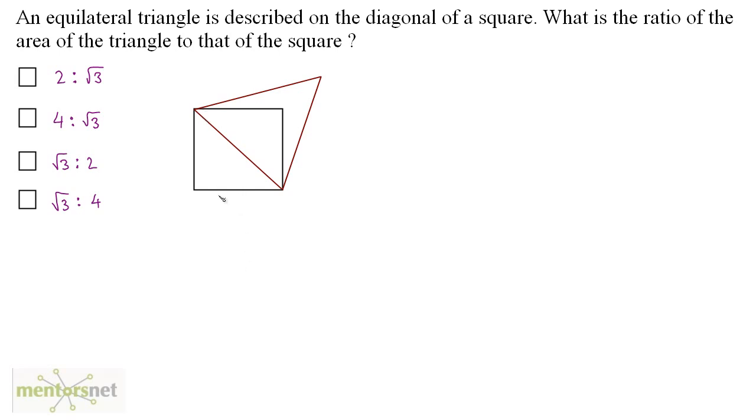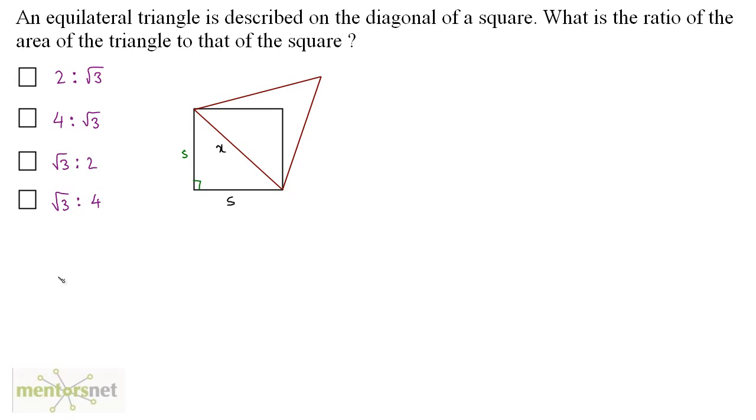Okay, so let us assume that the side of this square is S. Now you will need the base of this, or the side of this triangle. Let that be, let's say, X. Now as this is a right angle triangle, we can calculate the value of X in terms of S, right? So this is also S because this is a square.